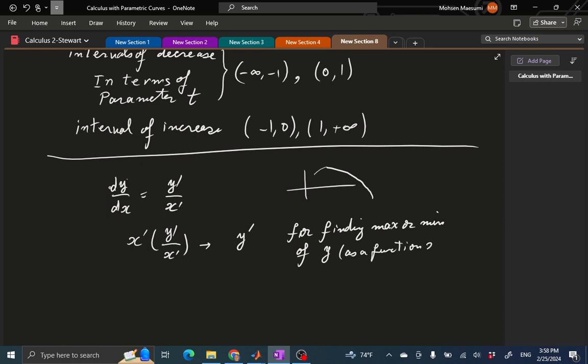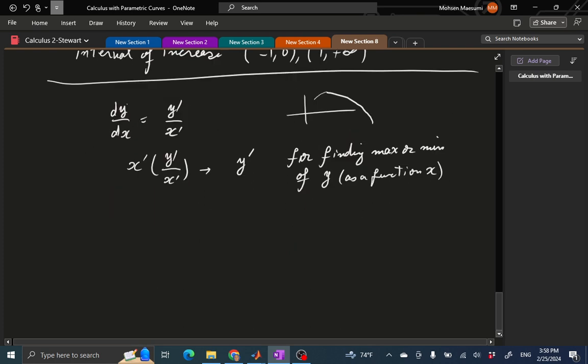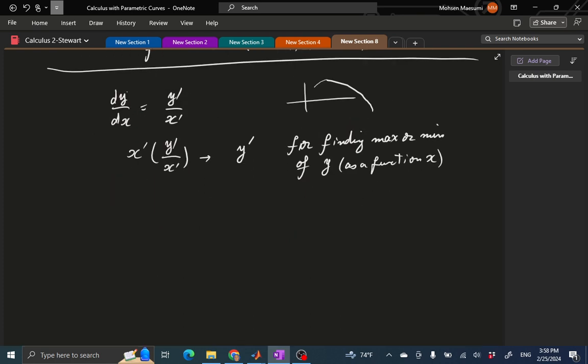Again, with that grain of salt, that is not a function, but locally we can always make it be a function of x. For finding maximum or minimum, do a sign chart for y prime.